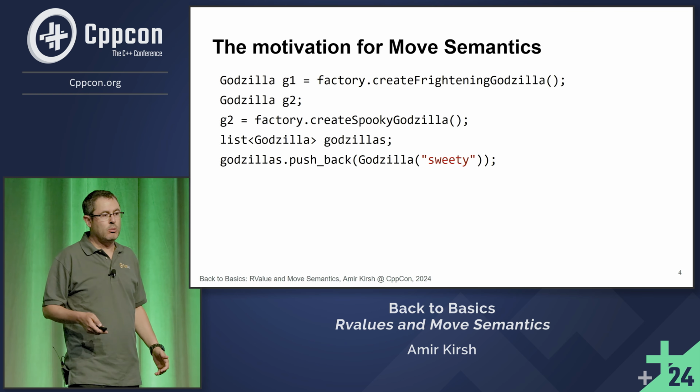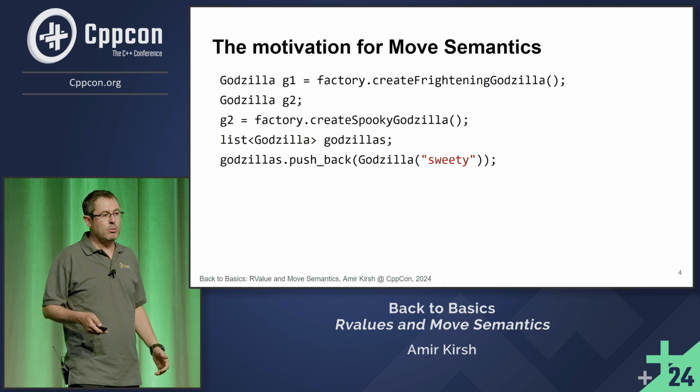example, a third case. Let's assume that we're using a standard library list. The standard library containers, all of them, take arguments when we want to push something into the container, and copy the argument. So when we push back a Godzilla, this sweetie one, into the list, before C++11 probably we are copying the Godzilla that was created on the callee side without any actual need, because we don't need this temporary object anymore.